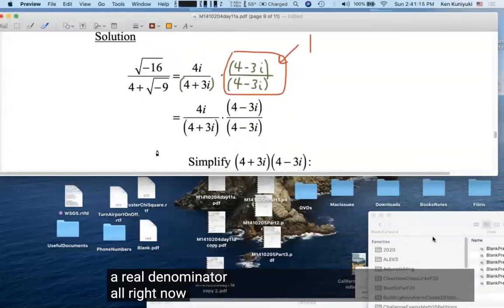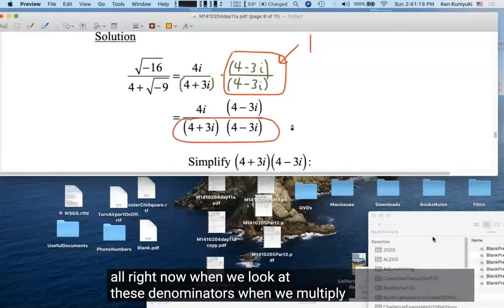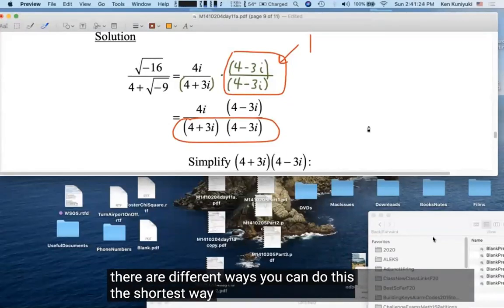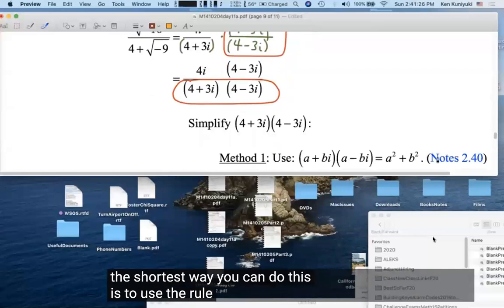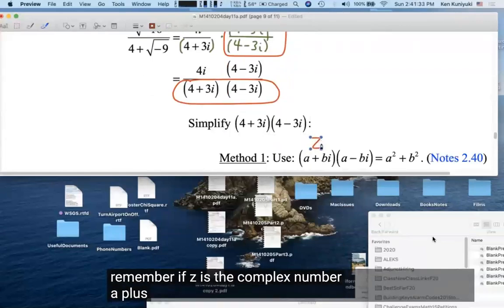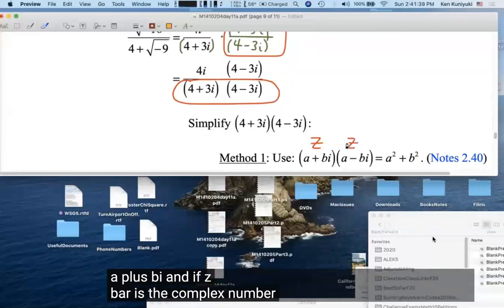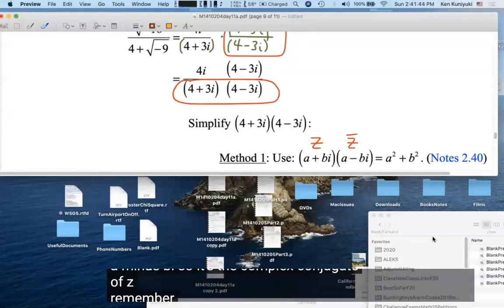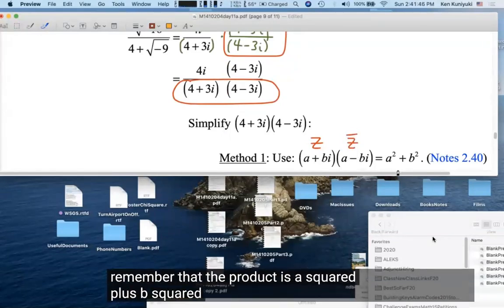All right, now, when we look at these denominators, when we multiply them together, there are different ways you can do this. The shortest way is to use the rule that we set up earlier in the notes. Remember, if z is the complex number a plus bi, and z bar is the complex number a minus bi, the complex conjugate of z, their product is a squared plus b squared.